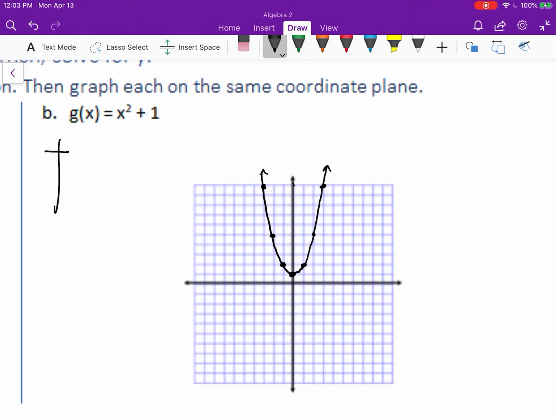Well, let's find the inverse. So the inverse, this is the same idea as y. So our inverse will be x equals y squared plus 1. And we're going to solve for y, so we would subtract 1 from both sides.